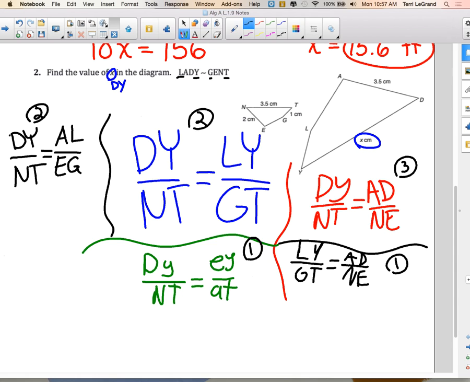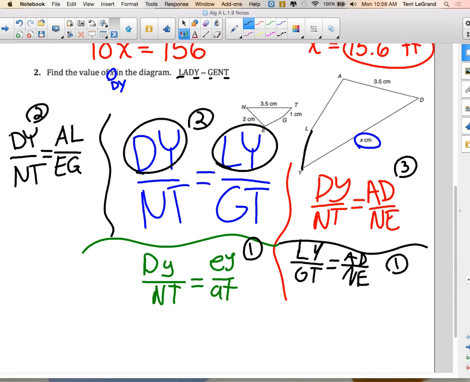Can we have another unknown in this problem? Do we know what ly is? Do they tell us what ly is? No. So even though this is a good setup, it's not going to be useful to us because it's going to have an unknown here and an unknown here, and we can't have 2 unknowns in a proportion. We can only have 1. So even though this is a good setup, it's not good for solving our problem.